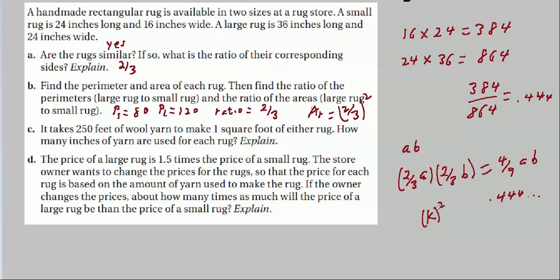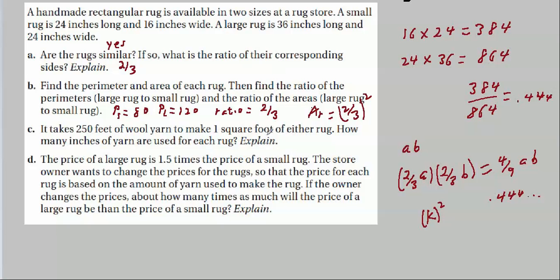It'll either get smaller, as it did in this case, as we went from the large rug to the small one. And remember, a number less than 1, when you square it, becomes smaller than itself. Like 1/2 squared becomes 1/4. 1/3 squared is 1/9. When you square numbers between 0 and 1, they get smaller, not bigger.